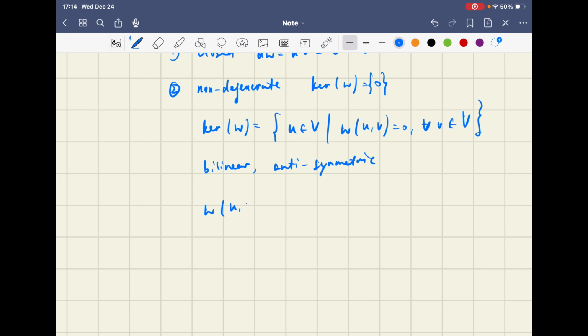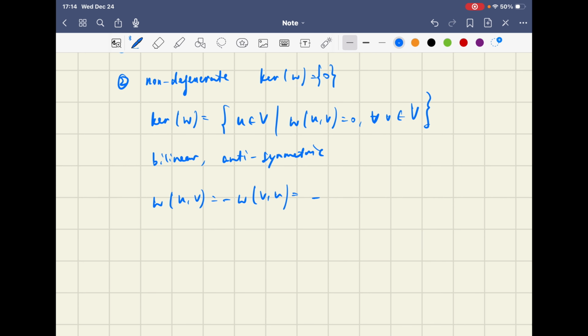So omega uv is equal to negative omega vu, since it's anti-symmetric, and we can transform it into the multiplication of matrices. You can say negative u transpose omega v transpose.